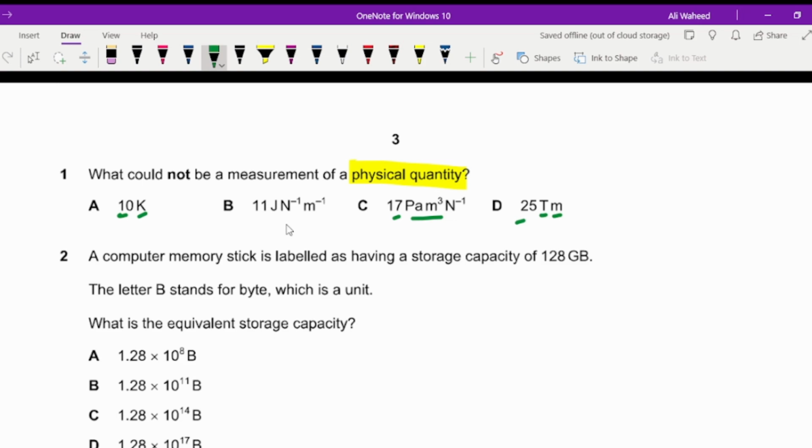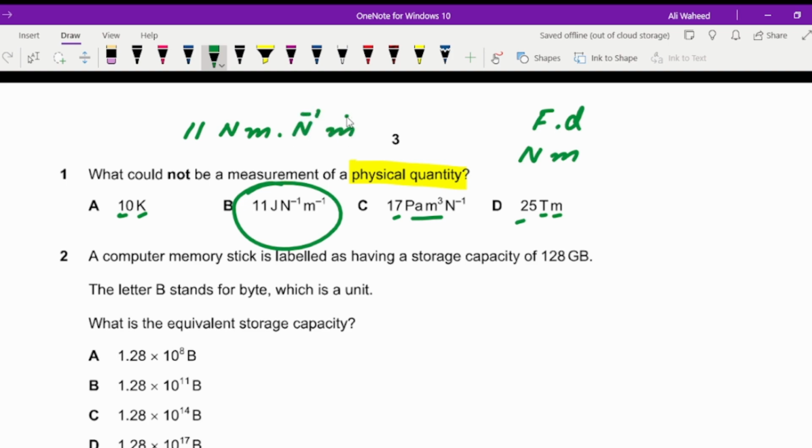Alright, so the thing is, if I break down this one, 11 is the magnitude, and joules is the work done. Work can be written as F into D. The unit of F is newtons, the unit of distance or displacement is meters. So Newton meters, times per Newton, per meter.